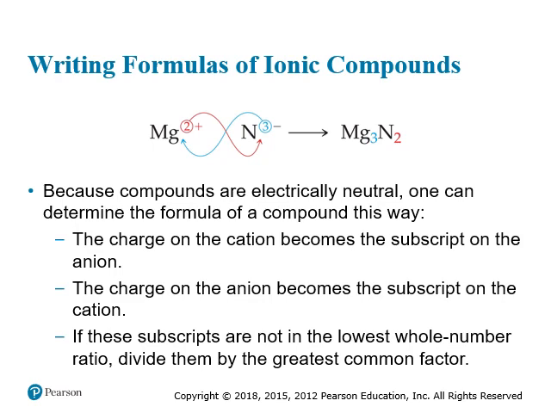Now, if it turns out that the subscripts after you do this are not in the lowest whole number ratio, then you need to divide them by the greatest common factor. For example, an atom of sulfur interacting with an atom of calcium. Calcium is going to form an ion with a charge of +2. Sulfur is going to form an ion with a charge of -2.